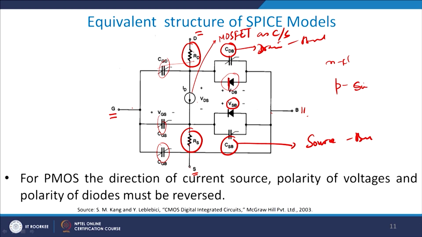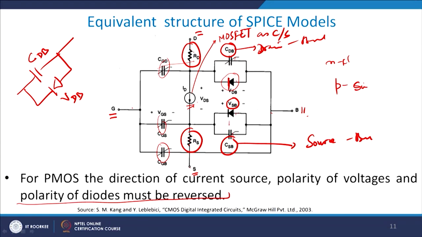So, this model takes care of the reverse biased drain to bulk, and this takes care of the reverse biased source to bulk, right, and therefore you see that you do have 2 diodes and 2 capacitances which are variable capacitances in these cases, right, and this is the drain current and the drain voltage which you see in front of you. Of course, if you change the polarity or the type of bias, the polarity of the diodes must also be reversed, right.